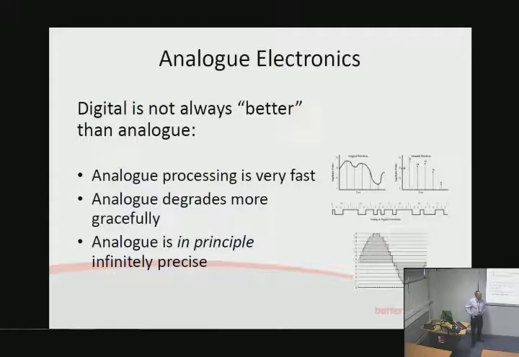Also, analog degrades more gracefully. What do I mean by that? I'll explain in a minute by showing you how badly digital systems degrade. If we get a small amount of noise on an analog signal, that corrupts the signal, but probably not by very much.